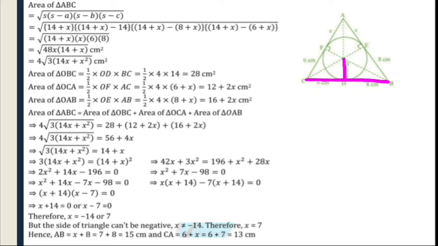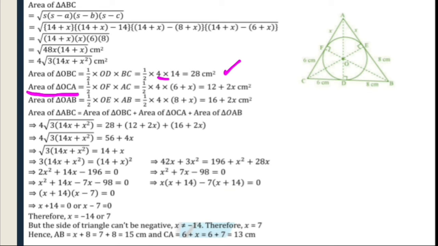Because you know BC is the tangent, OD is the radius, and they form 90 degrees at the point of contact. So for the triangle OBC, you can say that this is the altitude and this is the base. So the area of OBC will be half into OD into BC. That means half into 4 into 14, 28 centimeter square.